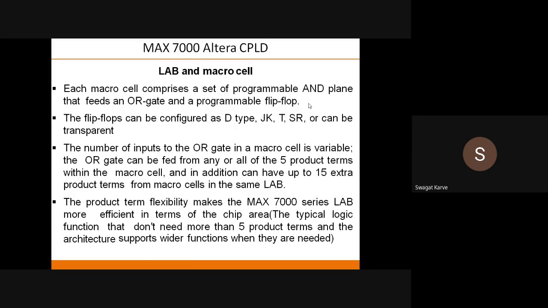That means the space required for the Max 7000 series LAB is very little, the area is reduced with the help of this architecture as compared to the Max 5000, the original, very basic version of Altera CPLD. And what advancement have they made in the Max 7000? They have reduced the chip area. This is the advancement made with the Max 7000 Altera CPLD.